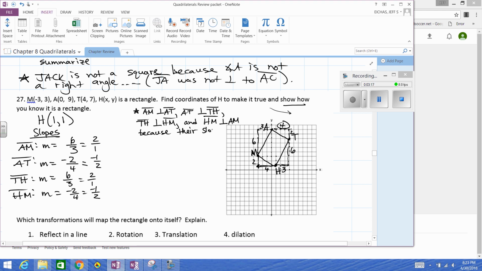Now, really be careful about this. Gotta say slopes, gotta say negative reciprocals. Don't say opposite reciprocals. We can't accept that. Have to say negative. Okay.